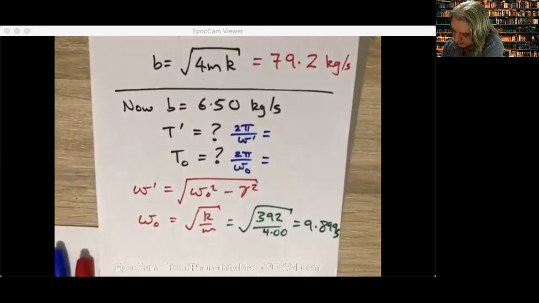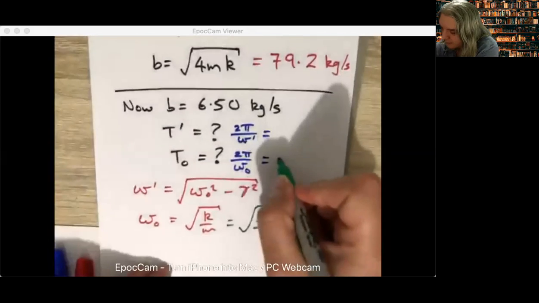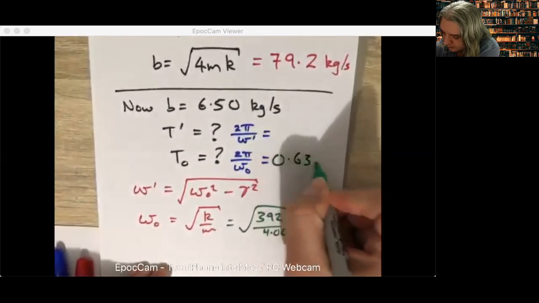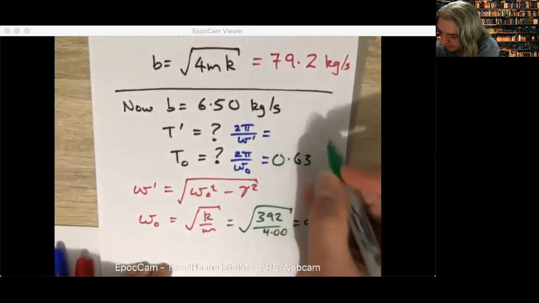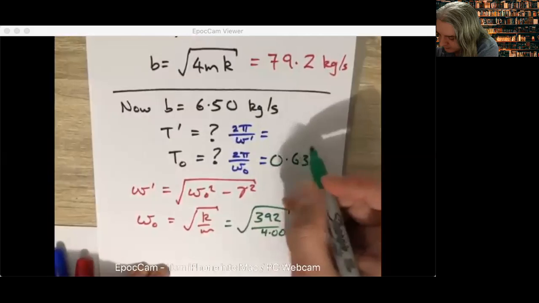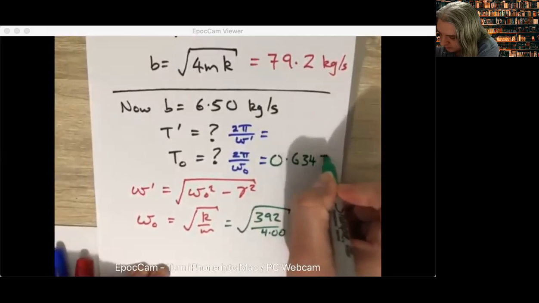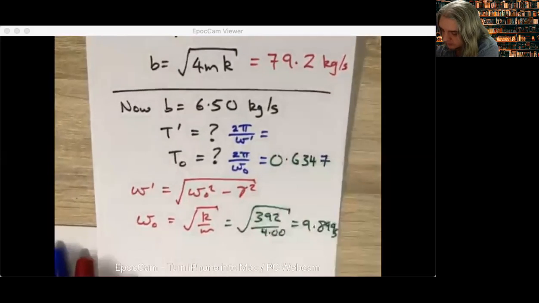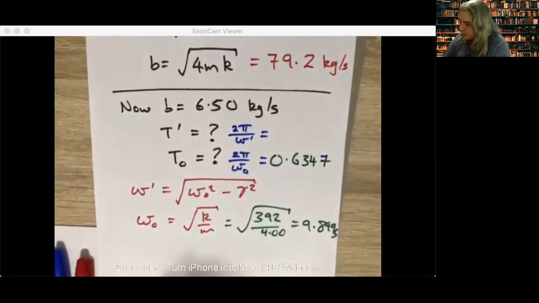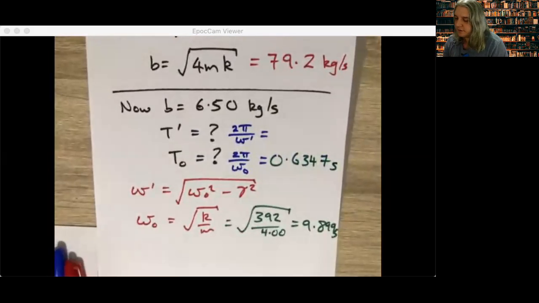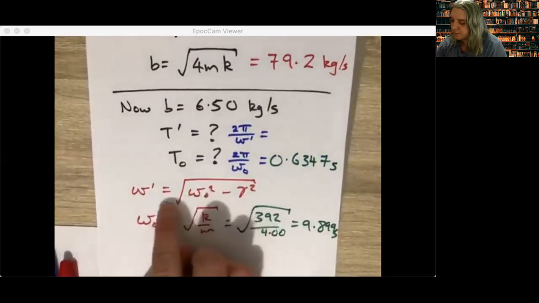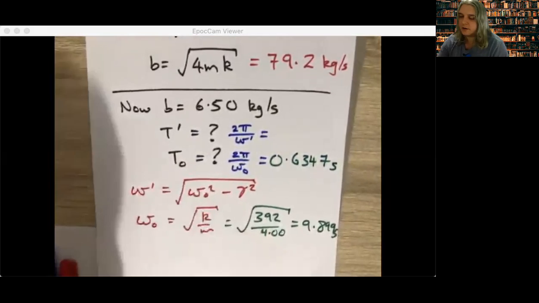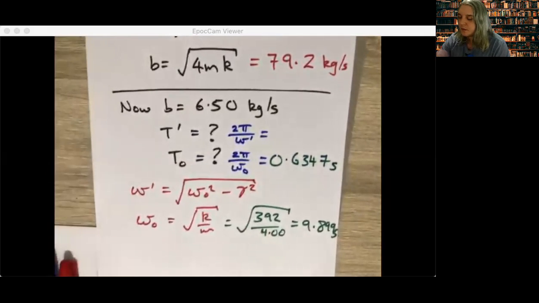The answer is 0.6347 seconds. So that's our undamped period, but the question is also asking us to figure out the damped period so that we can compare them.